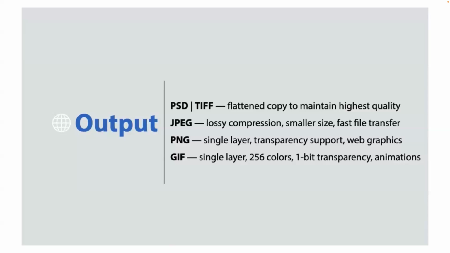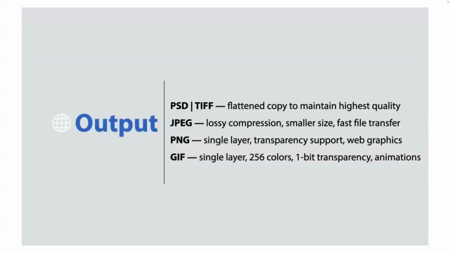So it's not really good for photographs. You're going to get a grainy kind of effect, but it's really good for flat graphics on a white background or colored background.